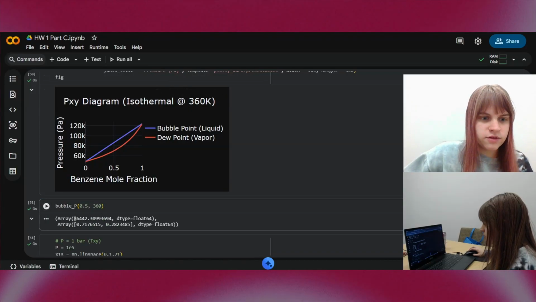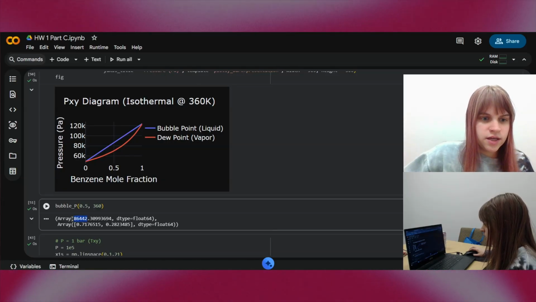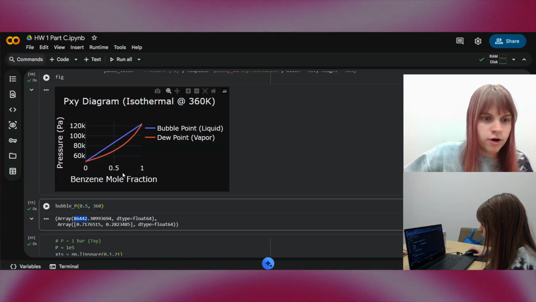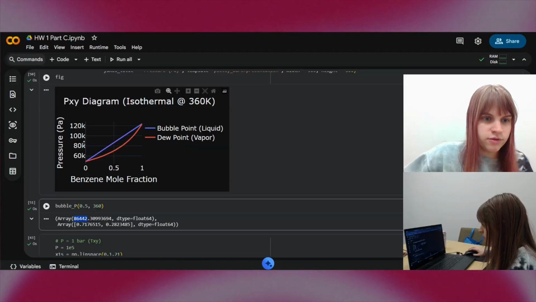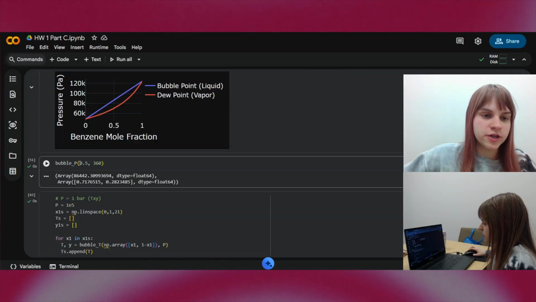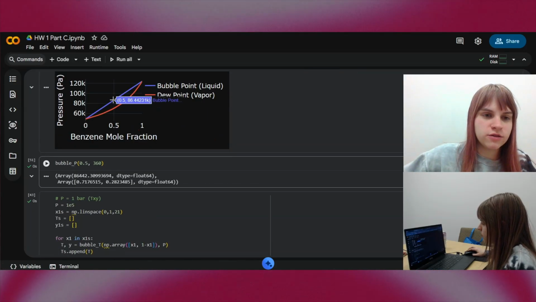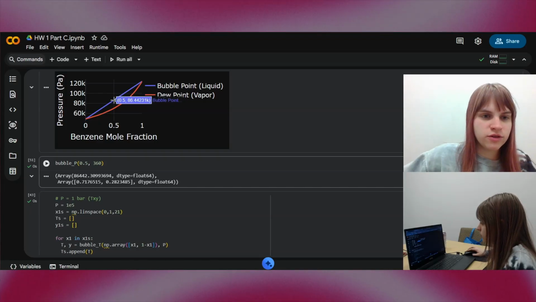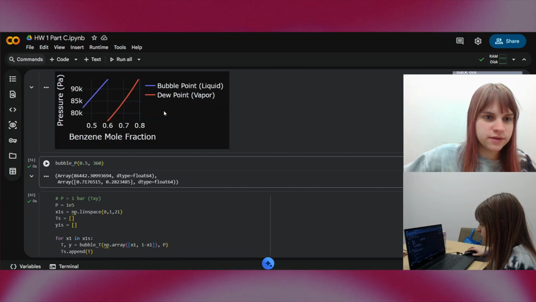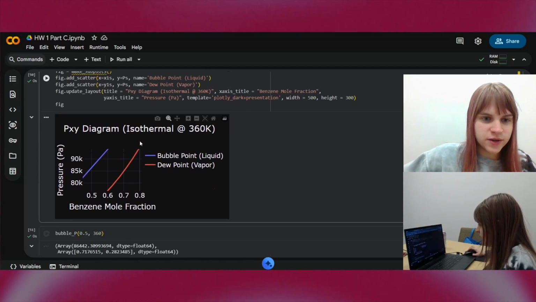And so it looks like we're sitting at roughly 86,000 for our bubble pressure. So that's looking pretty accurate right there. As I was showing earlier, when you get to that bubble pressure and you go to the right, let me make this bigger.